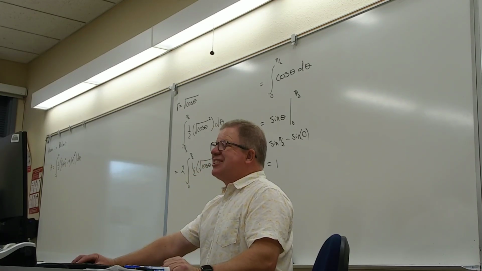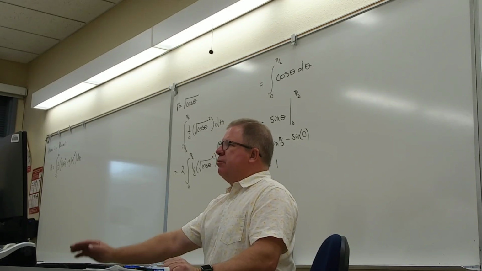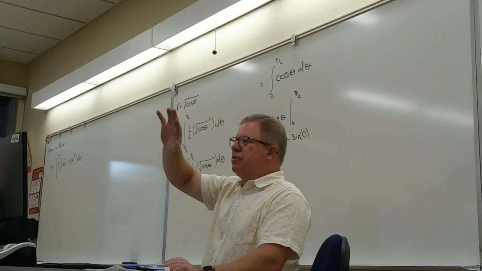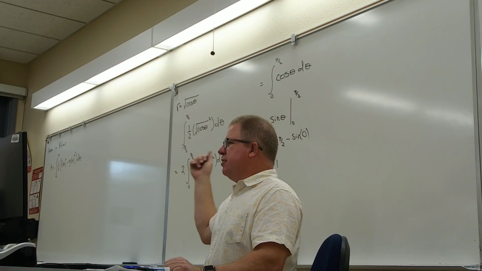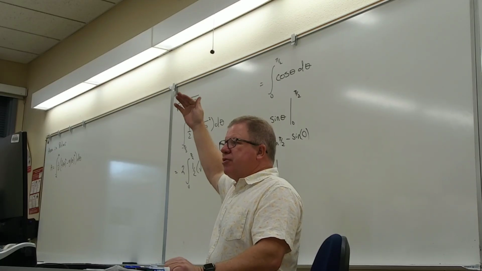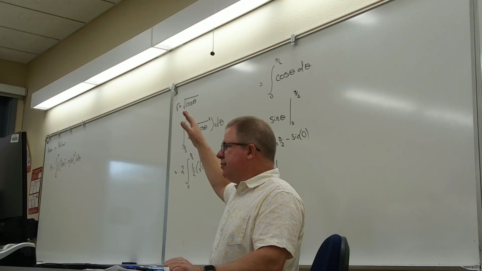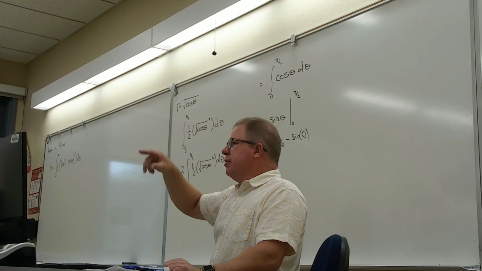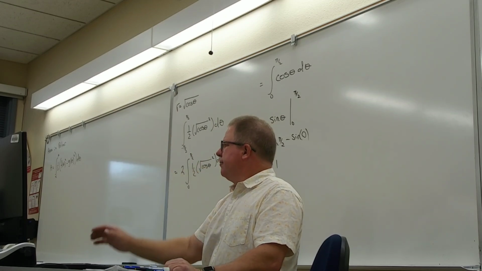So if you get one with sine theta, your bounds are going to be 0 to pi, because that covers quadrants 1 and 2 where sine is always positive. We did negative pi over 2 to pi over 2, quadrants 4 and 1 where cosine is always positive. For this one, it's going to be where sine is always positive, 0 to pi.